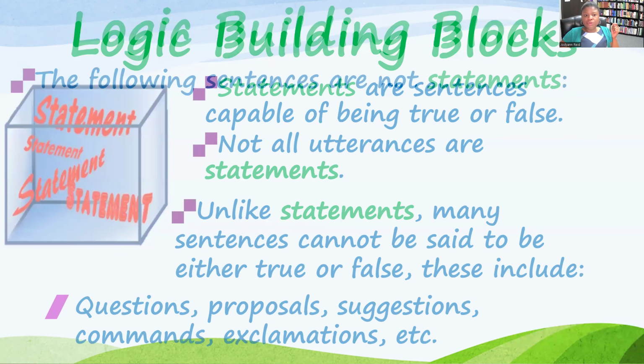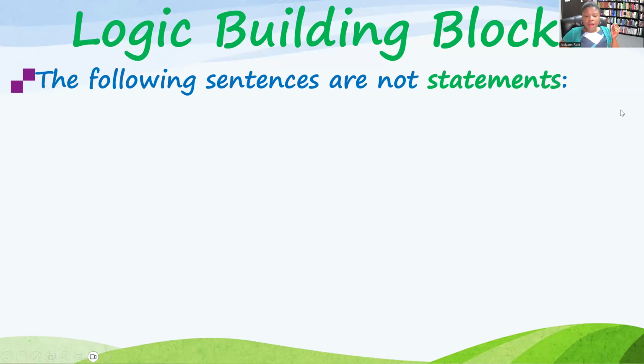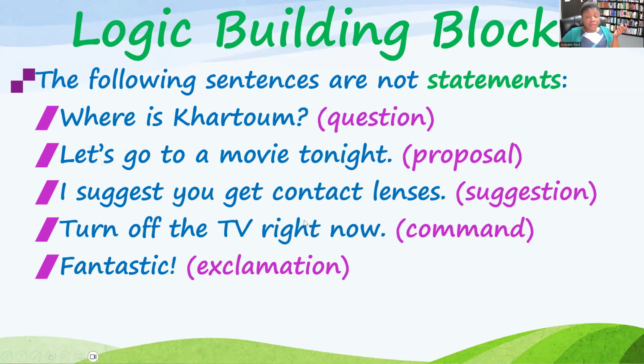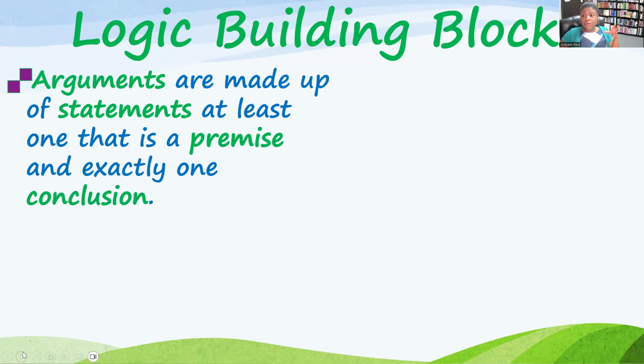Examples of those include, where is cartoon? That's a question. Let's go to the movie. That's a proposal. I suggest you get contact lenses. That's a suggestion. Turn off the TV right now. That's a command. Fantastic. That's an exclamation. So none of those utterances that we saw before would qualify as statements. Therefore, they would not make up arguments.